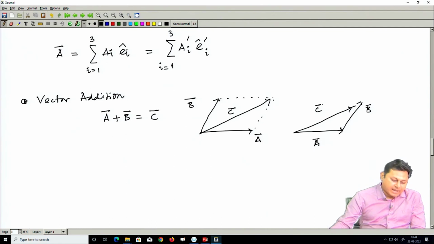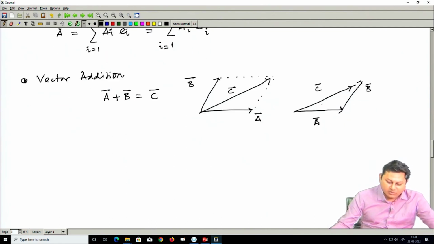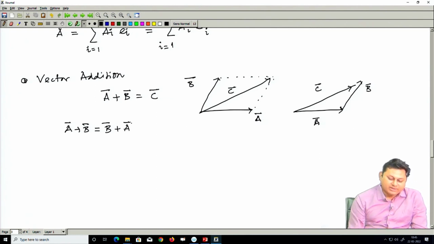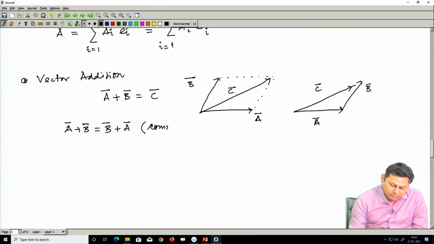That is all. Apart from that, vectors also follow certain very trivial rules. For example, A plus B vector should be equal to B plus A vector. This looks quite simple, but it is not always. This is called the commutative property.